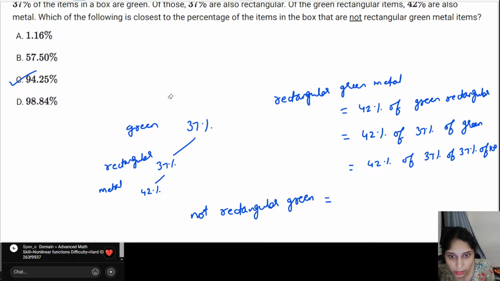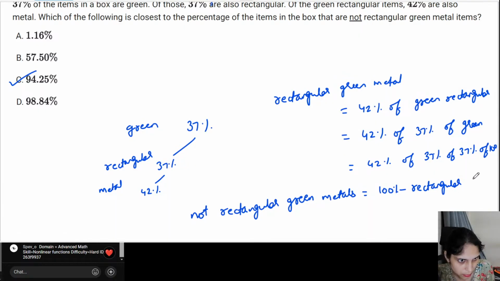Not just rectangular green metal is also important. I hope you got it.